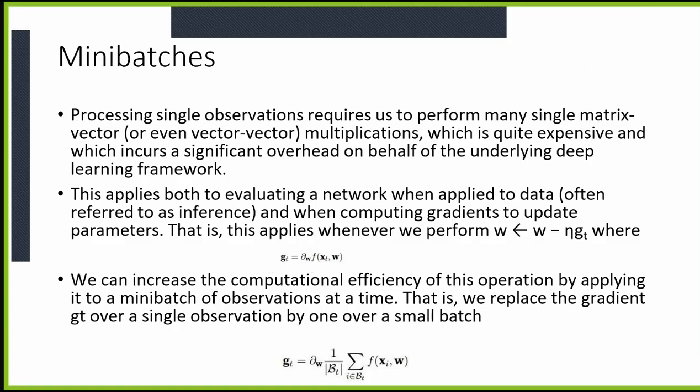That's one reason why we usually don't go with stochastic gradient descent of one sample. But if we compute the gradient based on a batch of samples, compared to the stochastic setting, that will mitigate such overhead. So that's the basic takeaway from this slide.